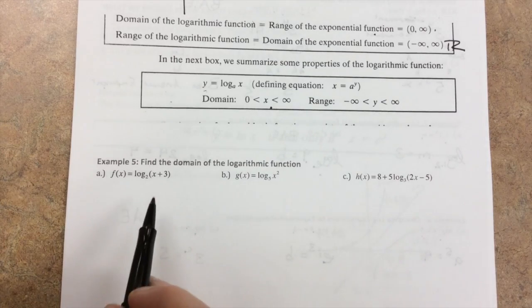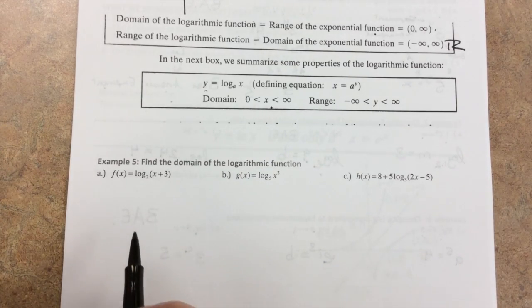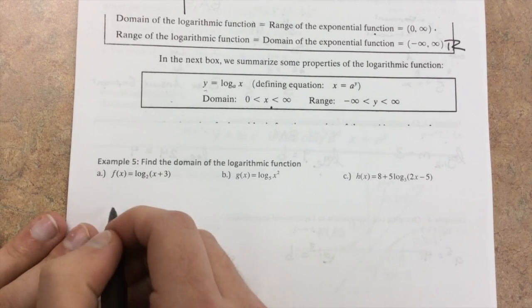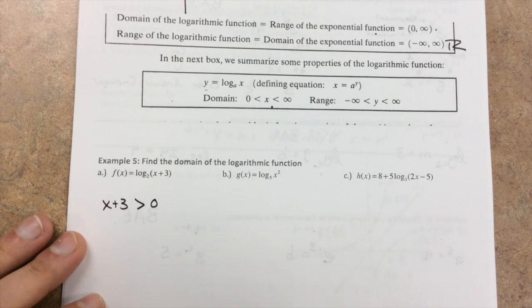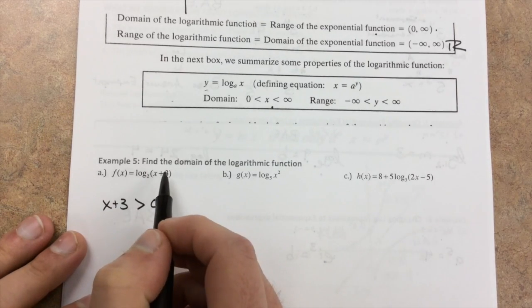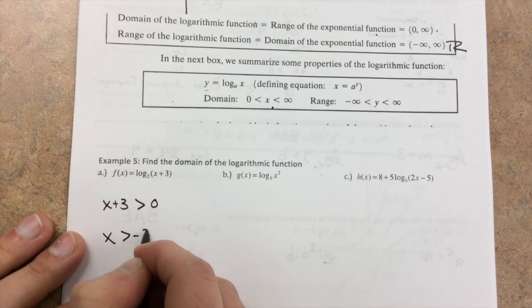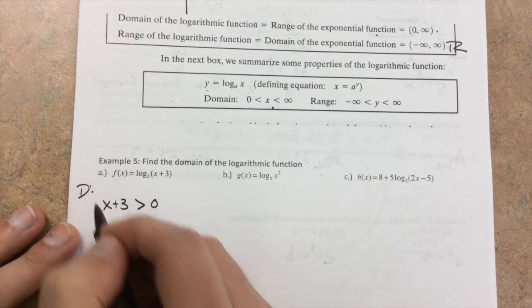First off, log base 2 of x plus 3 is just saying what numbers normally can this be? Well, x plus 3 is greater than 0 because whatever I plug in, I want it to be positive. So to solve that, I can plug in anything bigger than negative 3 to get my domain.